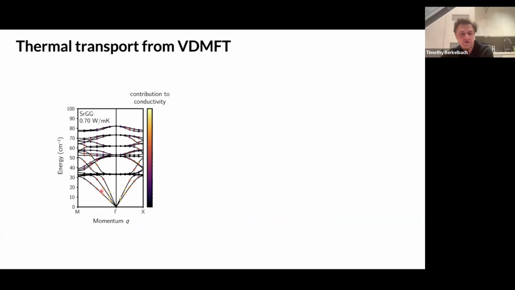When the colors are light, like down here, these modes make a large contribution to the conductivity. Because this optical phonon cuts through them, you see that there's a decrease in their contribution to the conductivity near that rattling mode. And so we can start to try to provide microscopic insight into what's going on as contributions to the conductivity.